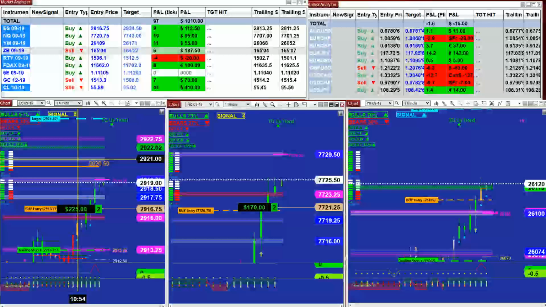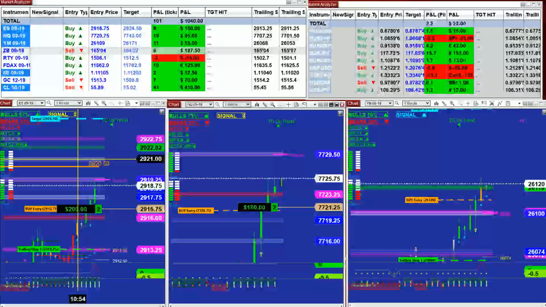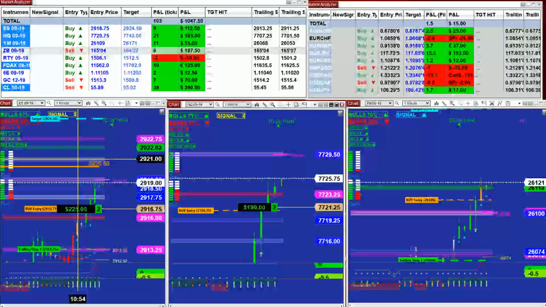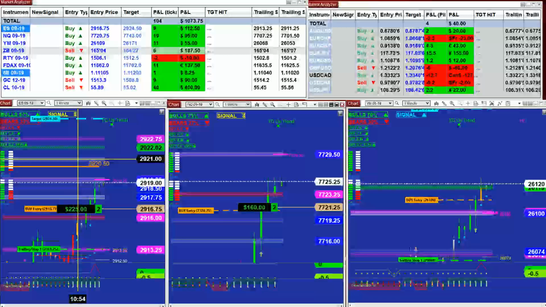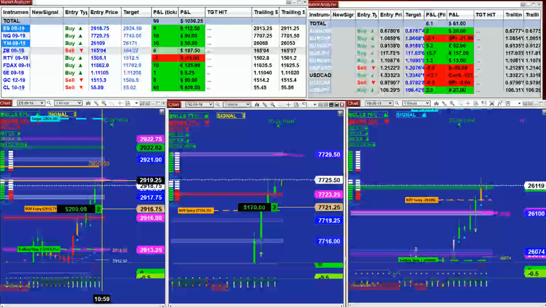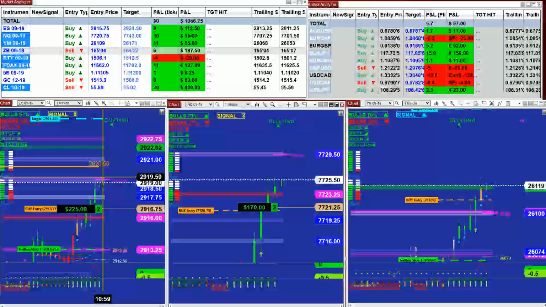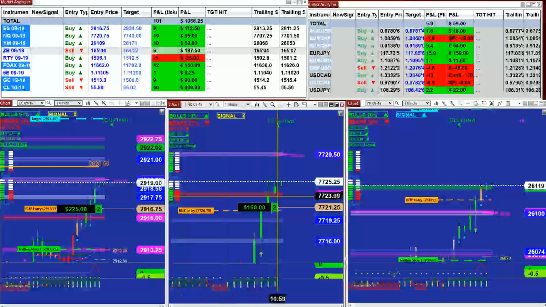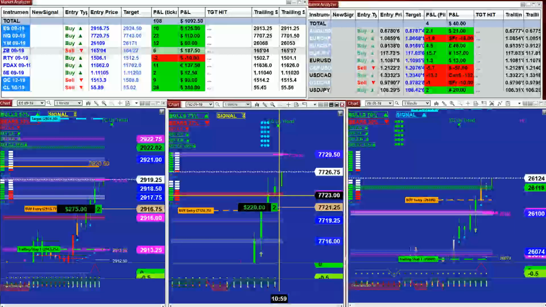Now the question is, are we able to break that area here, the 1925? Okay, there we go. You can see how this ES stopped at this fib line 1925. If this ES is not able to break it, that is going to have a direct impact on your trade with the NASDAQ.